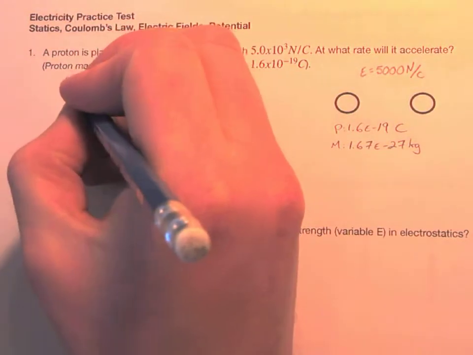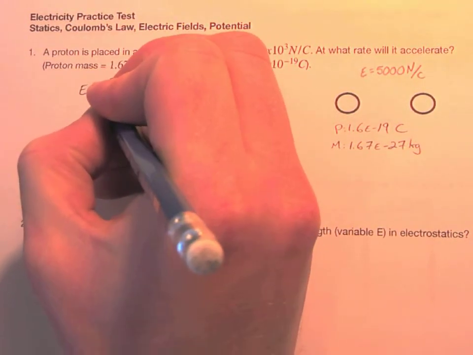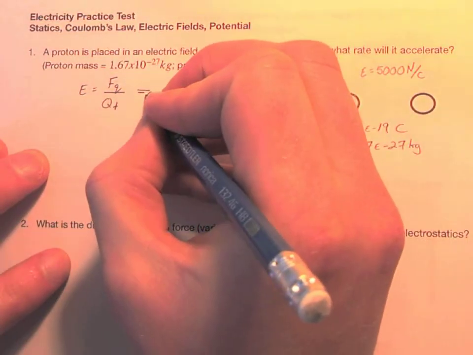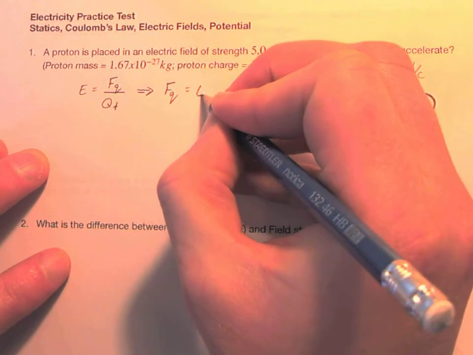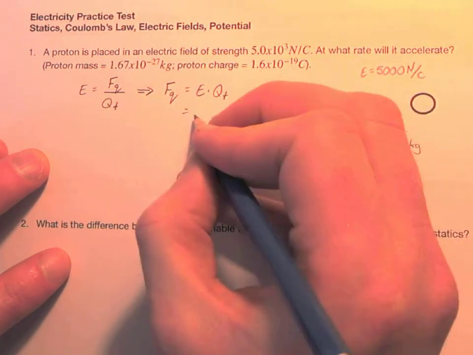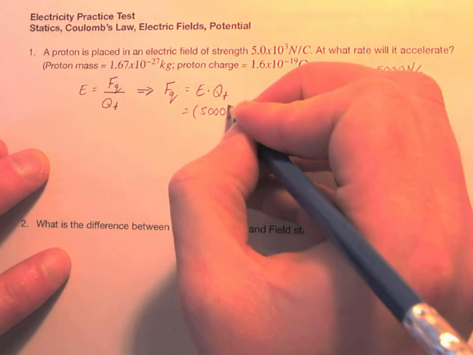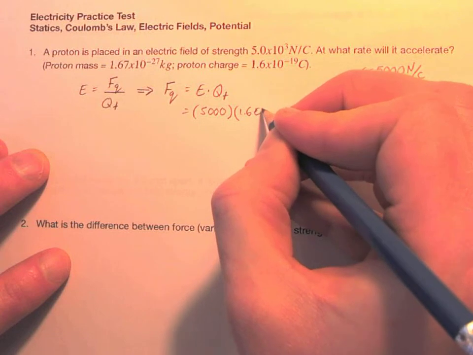So we're going to go E equals FQ over QT, and then we can solve for F. FQ, we just multiply by this QT: E times QT. We have our electric field value, which is 5,000 newtons per coulomb, and the test charge, which is 1.6 e to the negative 19.